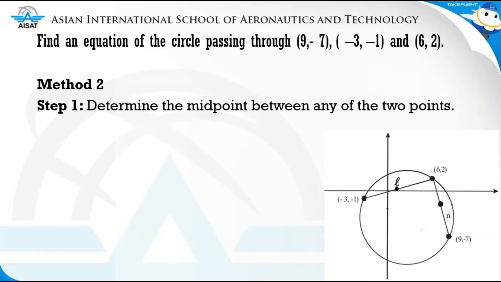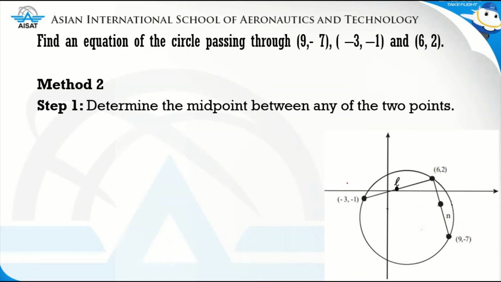Next is we are going to make a chord out of two chosen points on the given circle. So here, the two chords that we have is negative 3, negative 1 going to 6, 2. And the other chord is 6, 2 going to 9, negative 7.